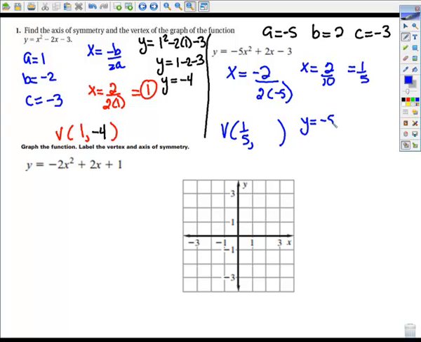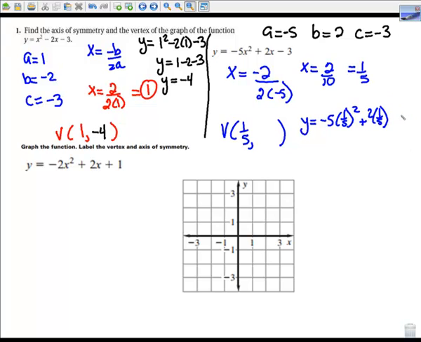Y equals negative 5 times 1/5 squared plus 2 times 1/5 minus 3. You can use your calculator if you want. Remember, I taught you how to use the ABC button, so I'm going to go ahead and do that right now. And when I did that, I got negative 2 2/5. So my vertex is 1/5, negative 2 and 2/5.